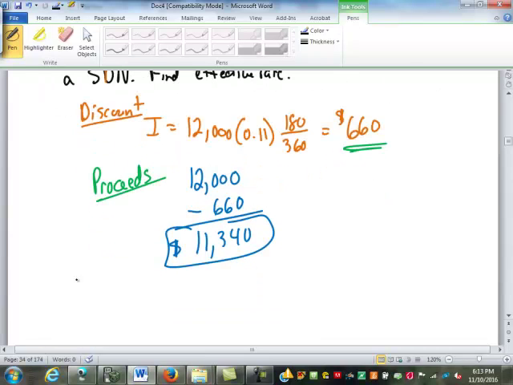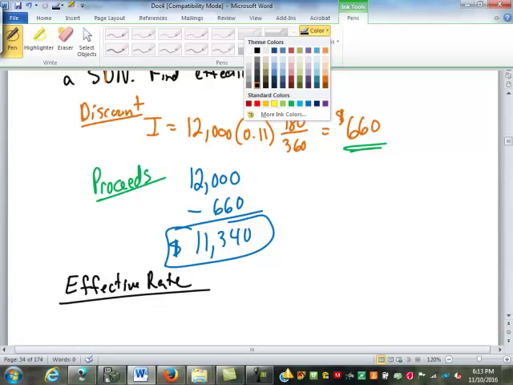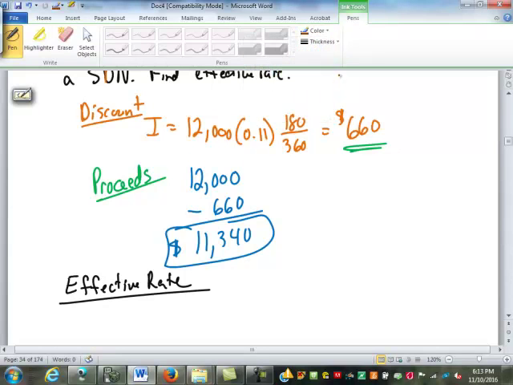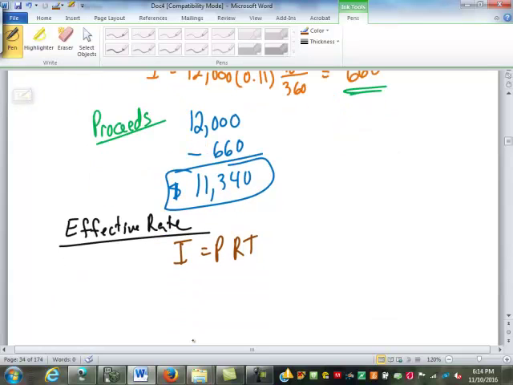Okay. Now we are ready to approach the effective rate. What goes first here? Yeah, I equals PRT, but we're going to use the discount for the interest, which is 660. What goes in for P? Proceeds, 11,340.